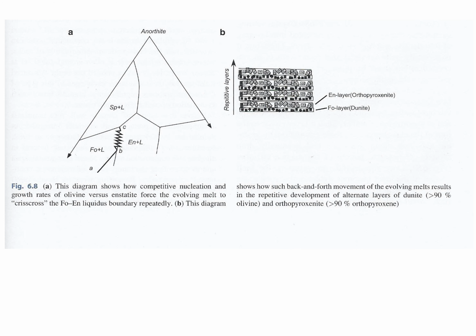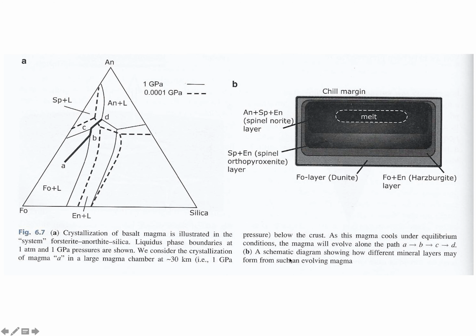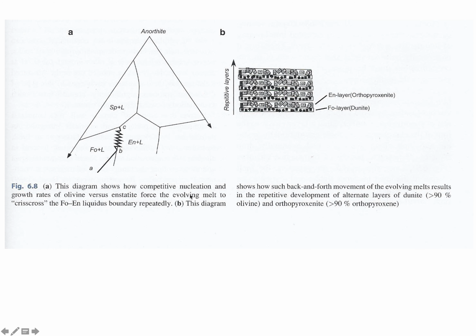So here we have something else: repetitive layers. Here again we have diagram A and diagram B. In diagram A we have a part of the triangle anorthite, forsterite, and on this side the silica. Here we have spinel plus liquid, forsterite plus liquid, enstatite plus liquid.